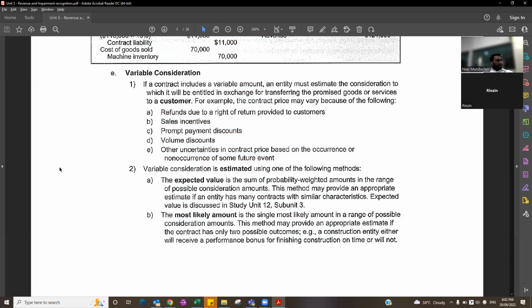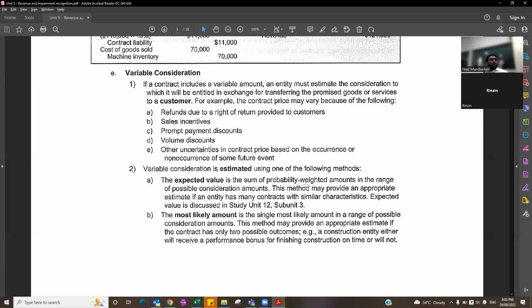Then the variable consideration is estimated using one of the following methods: the expected value, and the most likely amount. Expected value is the sum of probability-weighted amounts in the range of possible consideration amounts. This method may provide an appropriate estimate if an entity has many contracts with similar characteristics.